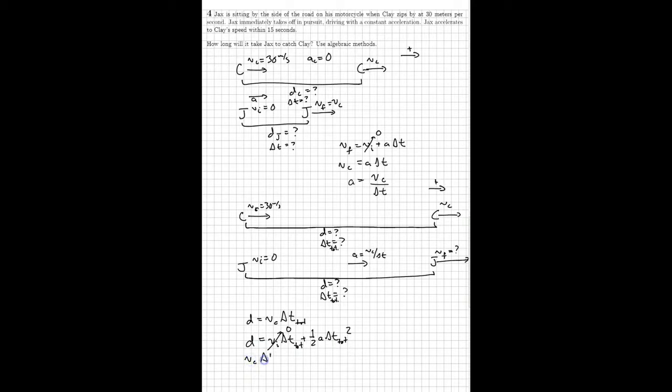So VC delta t total equals 1/2 A delta t total squared. And I'm going to sub in for A. So VC delta t total is 1/2 VC over delta t, the original delta t, times delta t total squared.